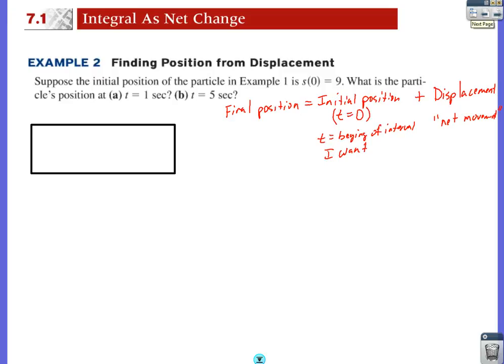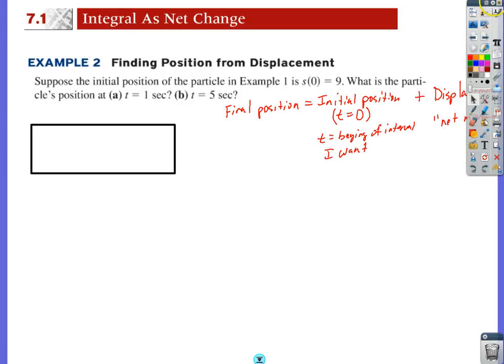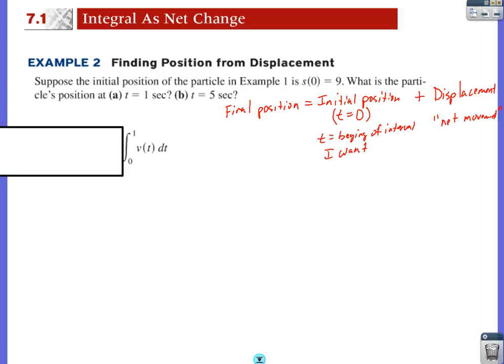So how do I find that area? Well, glad you asked. This is where I'm going to show you. My displacement is simply the integral of my velocity for that first second. Let's go figure that out.